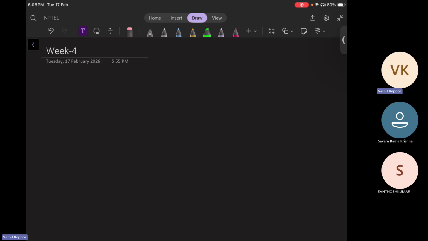So let us start with the dual cycle. I expect that everyone is able to see my screen and whatever I'm writing. So the dual cycle, or we can also call it the semi-diesel cycle.